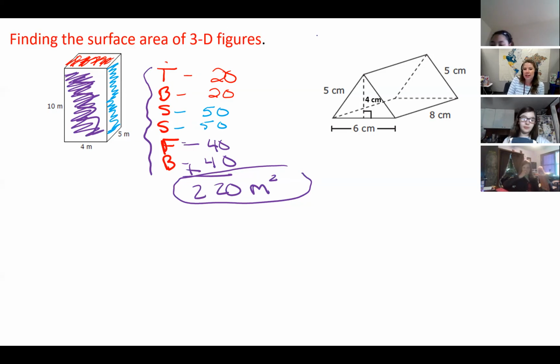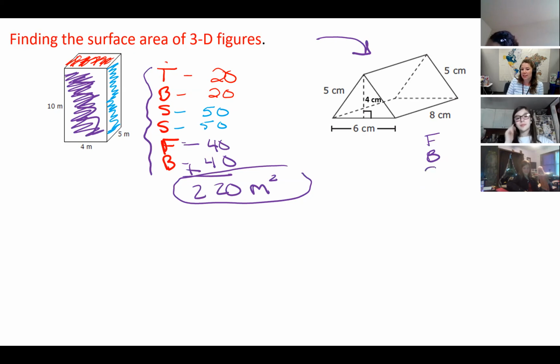All right, now let's look at this triangular prism. How many sides does this triangular prism have? 5. So I'm going to do front, back, because my front and back are triangles, right?